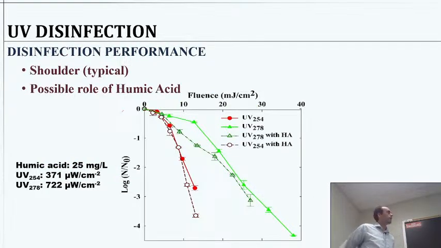So a bit of disinfection data. We had the red was our conventional mercury lamp, and green was our new 278 lamp. And we see some difference here just in their disinfection. This is just disinfection alone plus some organic matter, not really playing a big part.